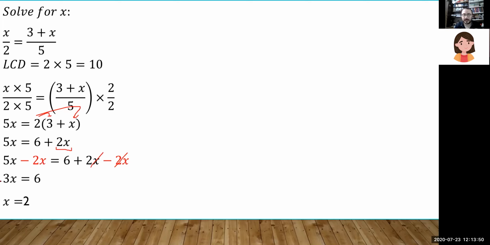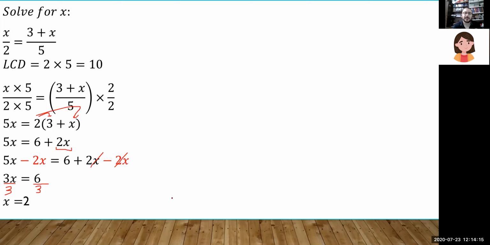Always when you have 3x, you divide by 3. When you have 5x, you divide by 5 to obtain the final answer. We divided this one by 3 and this one by 3. x equals 6 over 3, which is 2.